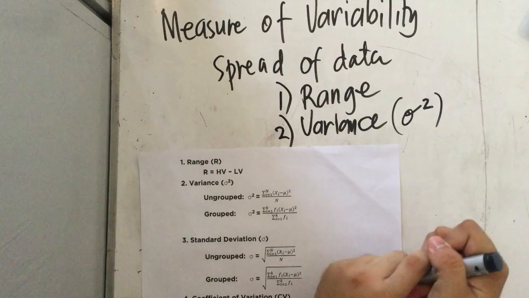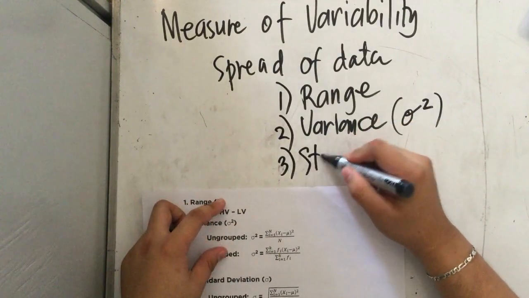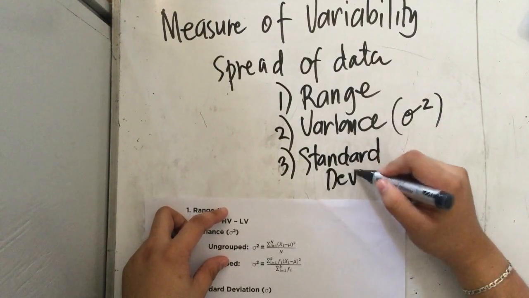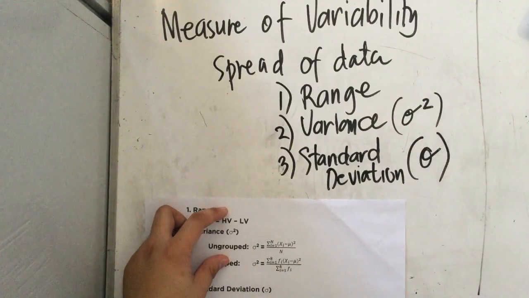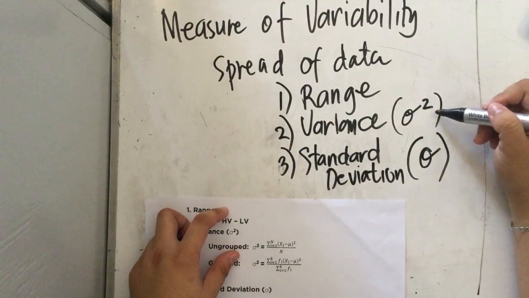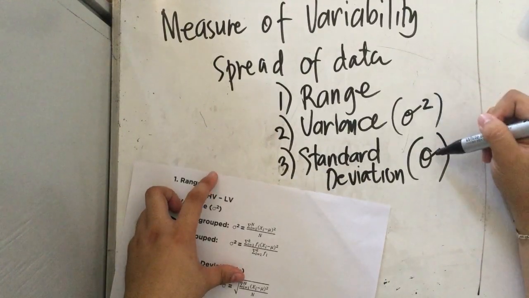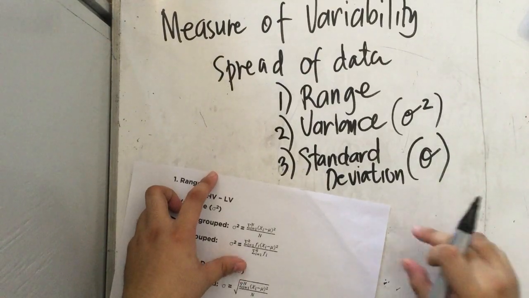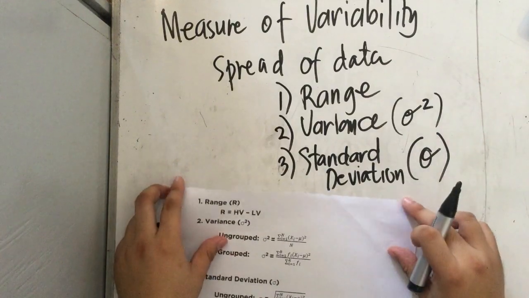Then after we get the variance, next, we have the standard deviation. Okay? So, si standard deviation is denoted by sigma. So, ibig sabihin, kapag nakuha na natin si variance, square root lang natin si variance para makuha natin si standard deviation.